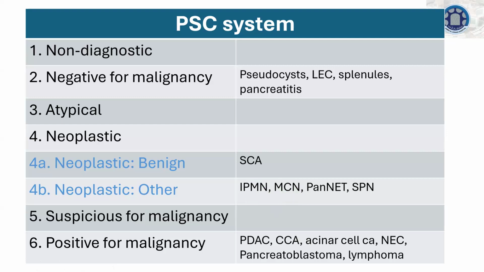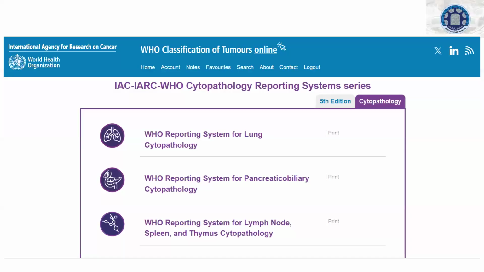So what happened next is that the IAC, what is IAC? IAC is International Academy of Cytology, approached IARC. IARC is our International Agency for Research on Cancer, and that is the home to the WHO classification of tumors.